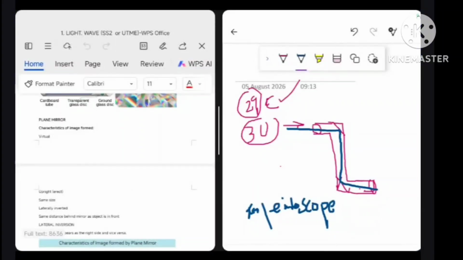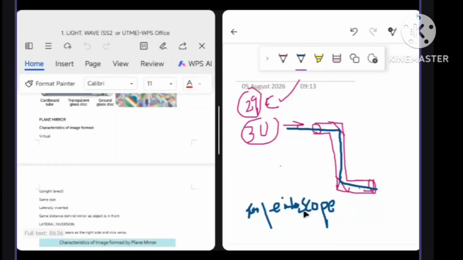A virtual image is something you can see with your eyes. Are you sure? Okay, all right, you have an idea of it.